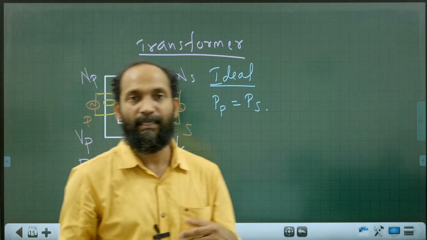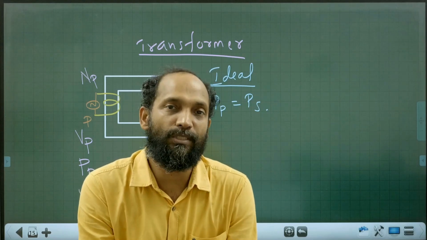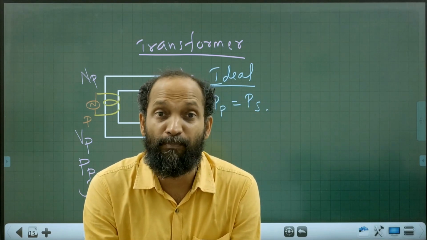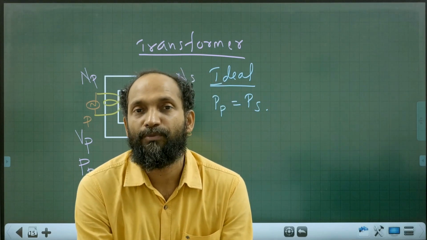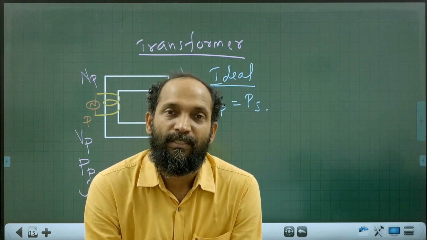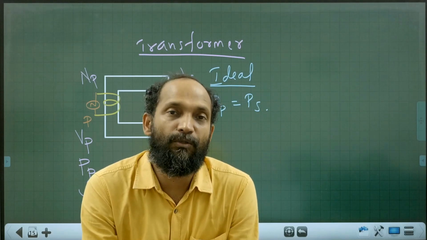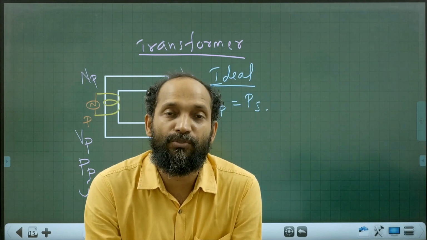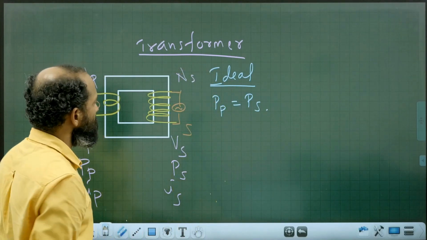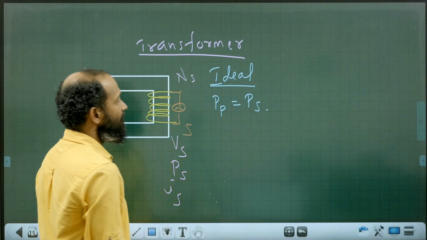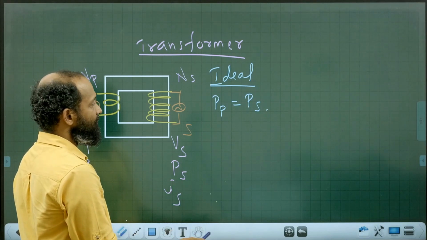There are mainly four types of energy losses in transformers, which we have mainly discussed in the last chapter. One is Joule loss, second is hysteresis loss, third is flux leakage loss, fourth is eddy current loss. If there are no such losses, input and output powers are the same, so 100% efficiency.